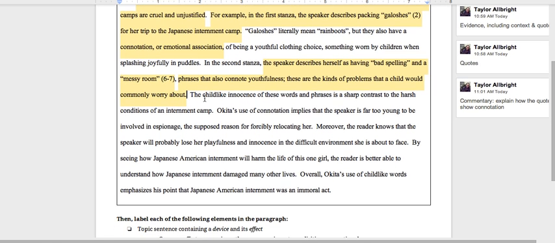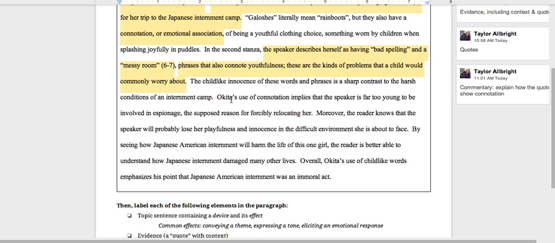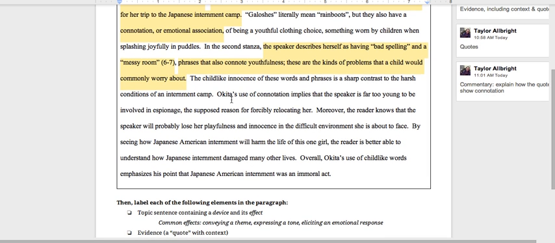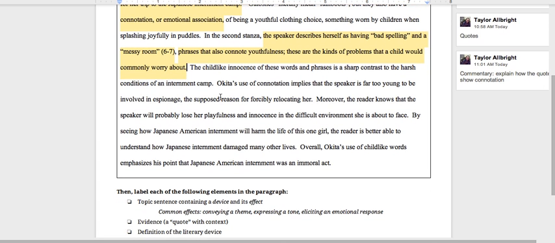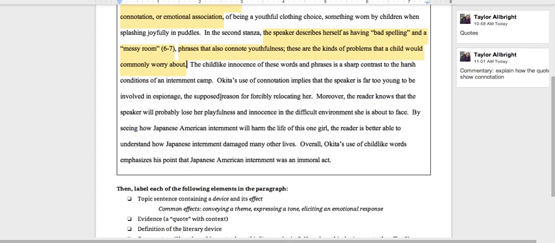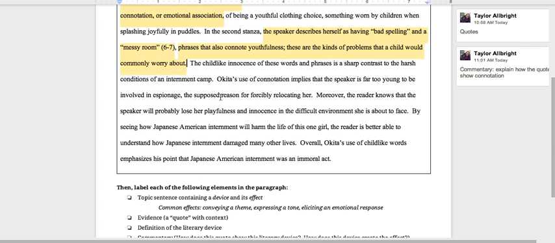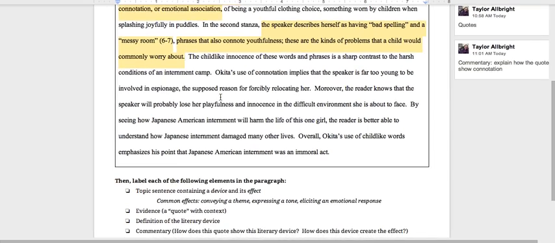And it keeps going. The childlike innocence of these words and phrases is a sharp contrast to the harsh conditions of an internment camp. The use of connotation implies that the speaker is far too young to be involved in espionage, that means spying, the supposed reason for forcibly relocating her. Moreover, the reader knows that the speaker will probably lose her playfulness and innocence in the difficult environment she's about to face.